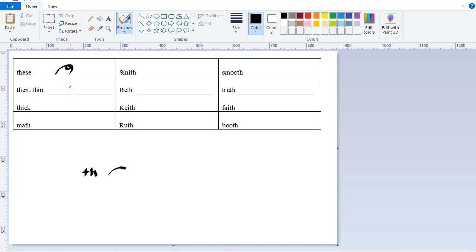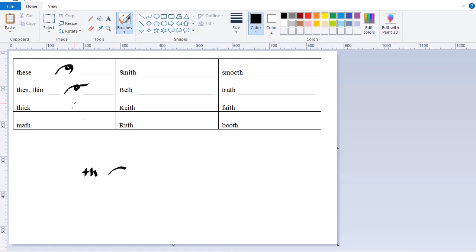Next, we have thin. So, we have TH, and then E, and then N. Bakit parang slanting line naman yung ating N? T-H-E-N. Thin.